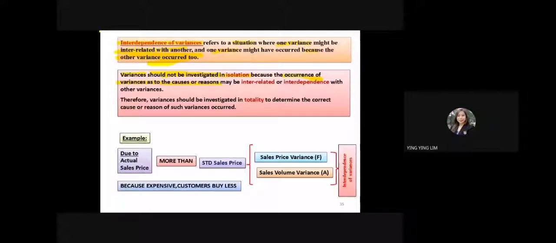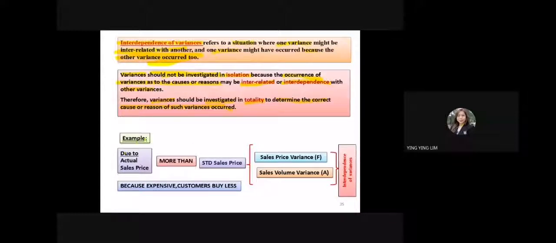One variance could be the result of another variance where they have a relationship. So it may be interrelated or interdependent with other variances. Therefore, your variances should be investigated in total to determine the correct cause or reason of such variances occurring.